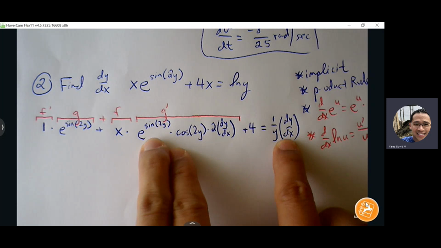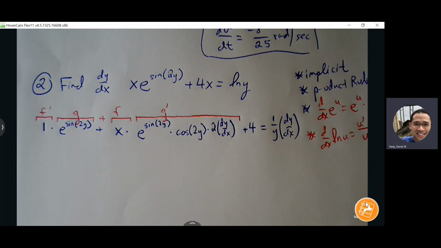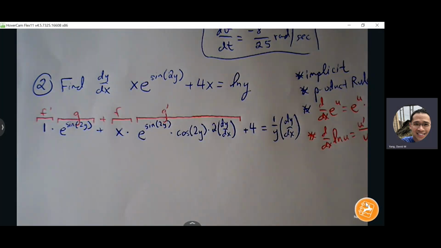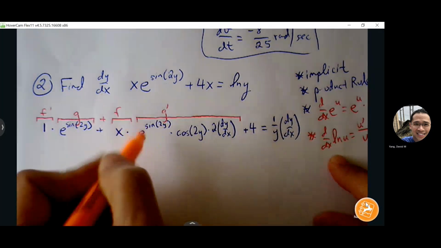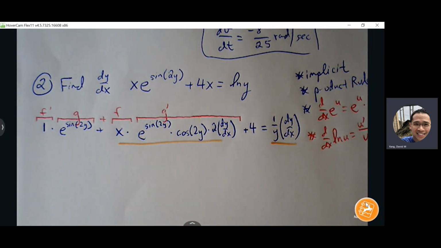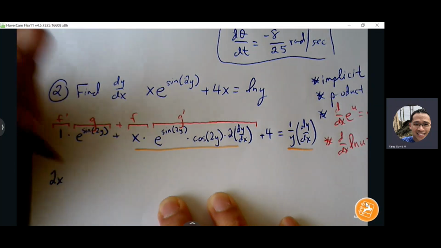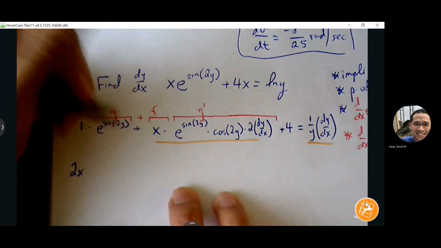These 2 will go together on the same side, so that we can factor dy/dx out. So I'm going to move these 2 terms together here, this one and this one on the same side. Going to rearrange it. I like my coefficient in front.